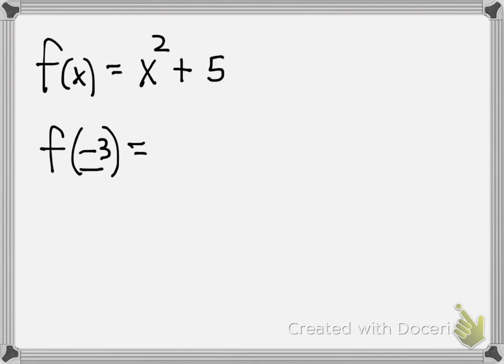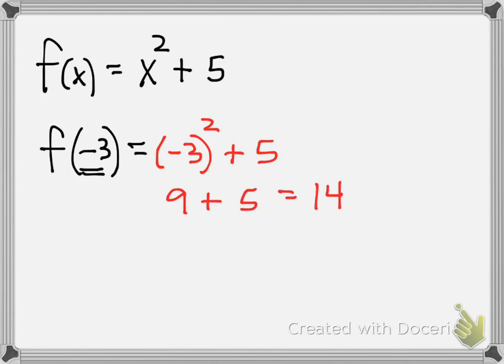This means I'm taking the x and I'm plugging it in for the x, and I'm going to get a y value. So negative 3 squared is 9. 9 plus 5 is 14. So how you write this is, you say f of negative 3 is 14.